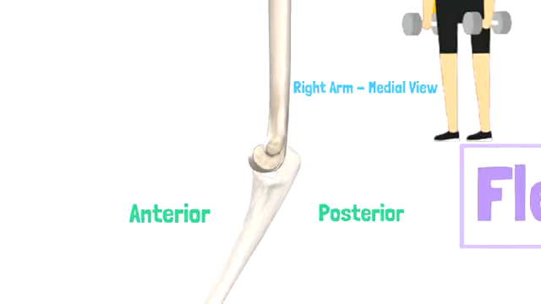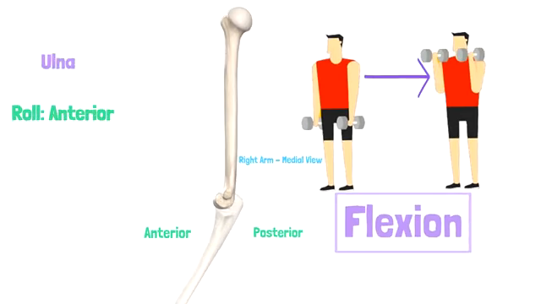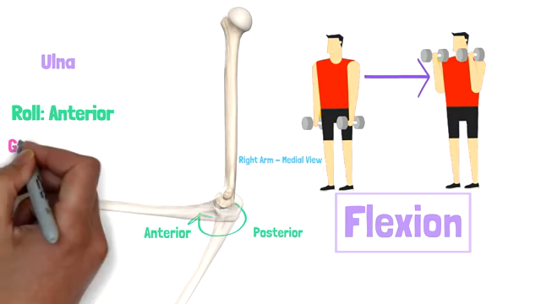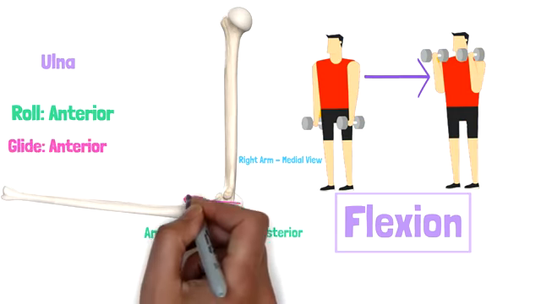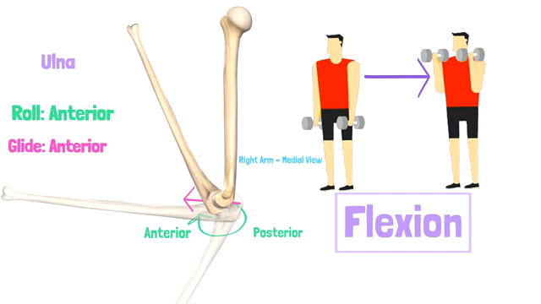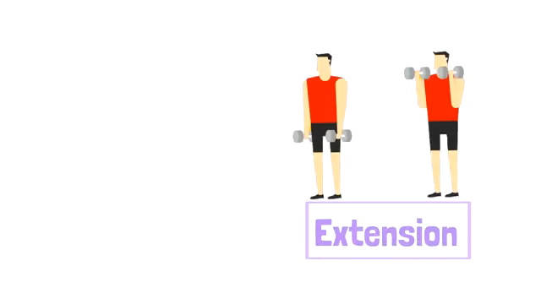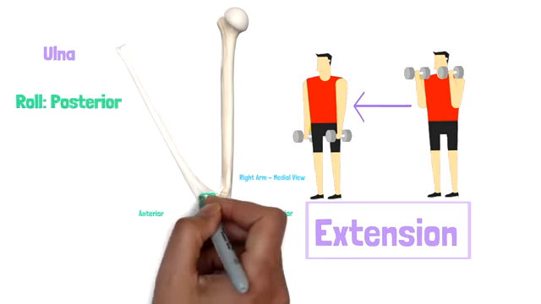With flexion, observe the ulna roll and glide in the anterior direction. And now the opposite. Let's examine extension. With extension, observe the ulna roll and glide in the posterior direction.